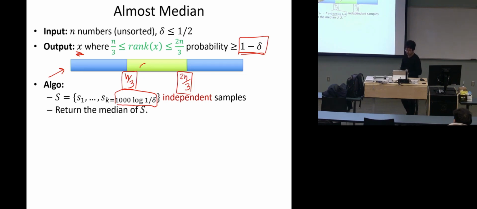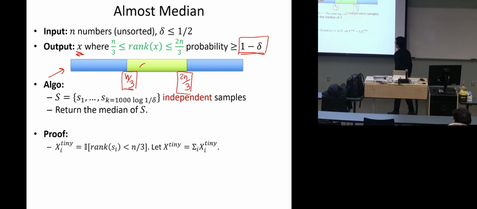To see this, we are just going to use the Chernoff bound. So the proof is here. Suppose that for each sample i, x_i tiny is an indicator that my sample i is tiny, that it goes to this part, like s_i is here.